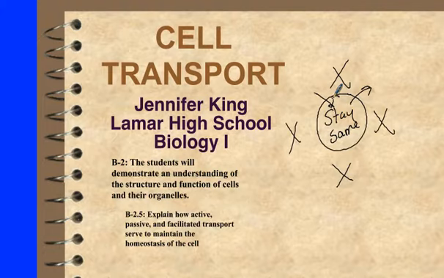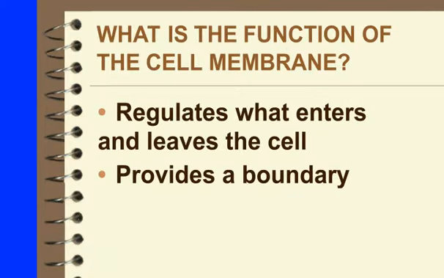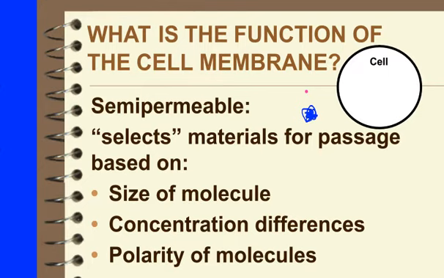So in order to understand that homeostasis, we need to take a closer look at what the cell membrane looks like. First of all, the cell membrane, its function is to regulate what enters and leaves the cell, and it also provides a boundary. Now, the cell membrane is what we call semi-permeable, or we may even see it as selectively permeable.